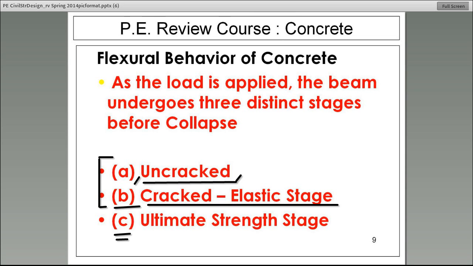By the way, the uncracked stage could last anywhere from a few weeks to a few months, depending on the concrete mixture, the loading and the structure itself. And the second stage, cracked elastic stage, can last for many, many years. All right, let's move on.